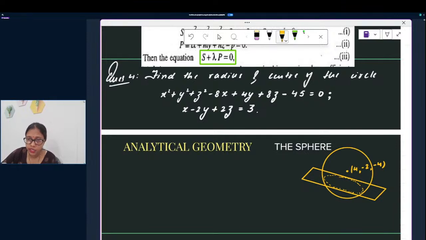So this is the center. From the center, just drop a perpendicular to the plane. C is the center of the circle, and that point we have taken A. So OC is perpendicular to the plane, or we can write CA.